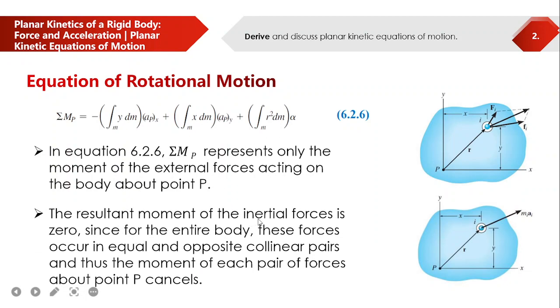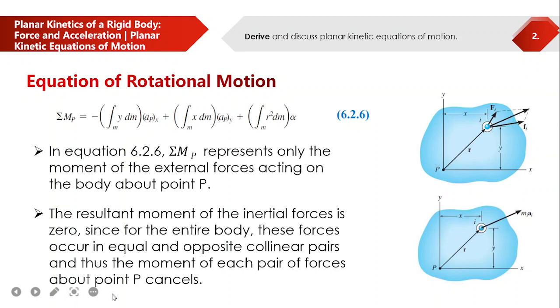So the resultant moment of inertial forces is zero, since for the entire body, these forces occur in equal and opposite collinear pairs, and thus the moment of each pair of forces about P cancels. Again, the resultant moment of the inertial forces is zero.